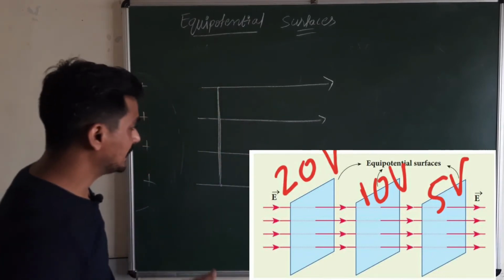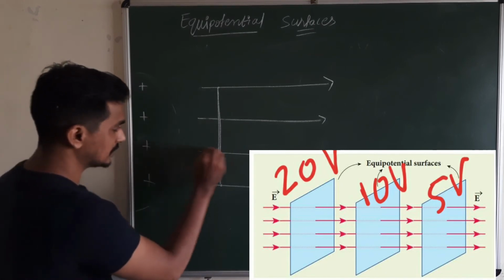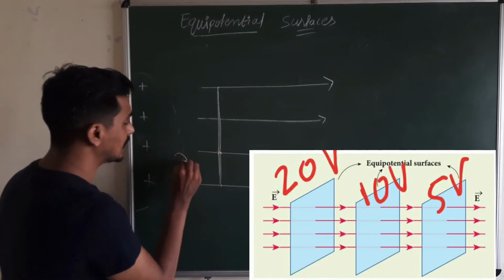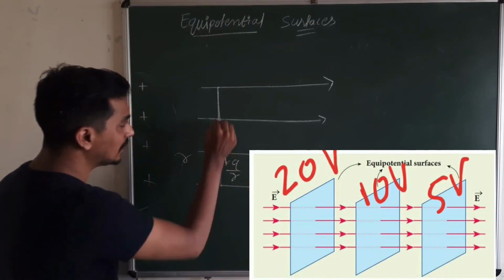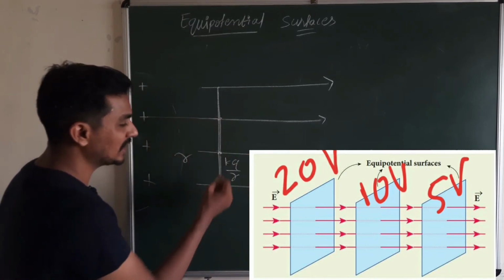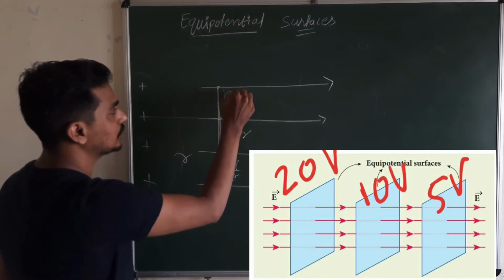If you find the electric potential at that point, from this distance, and this distance is r, then at this point the potential is kq by r. Similarly, this distance is also r, so at this point it is kq by r. Similarly, at this point it is kq by r.